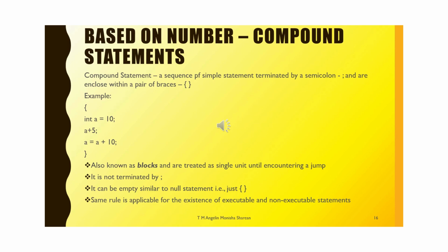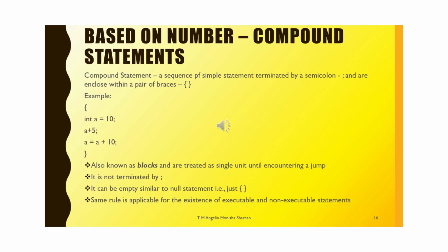This particular compound statement encloses many simple statements, each terminated by a semicolon, but after the ending curly brace, it does not have any semicolon. That is, the compound statement is not terminated by a semicolon.